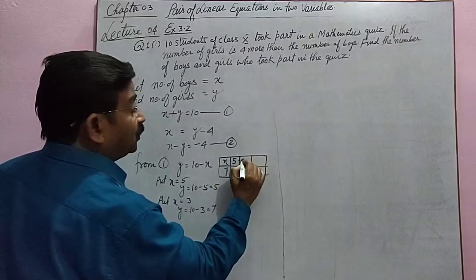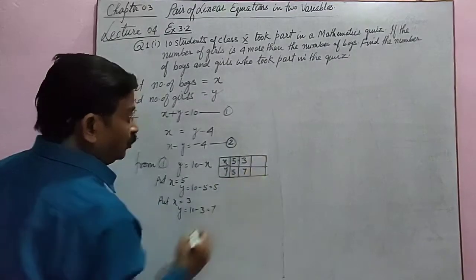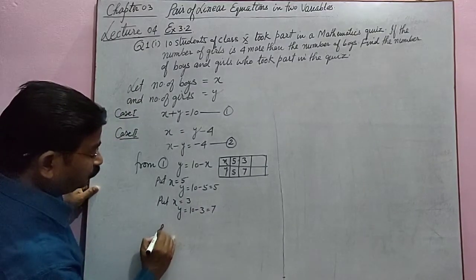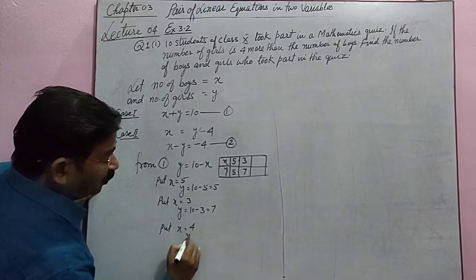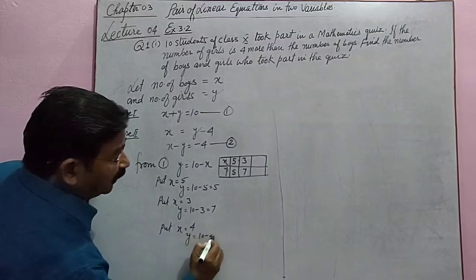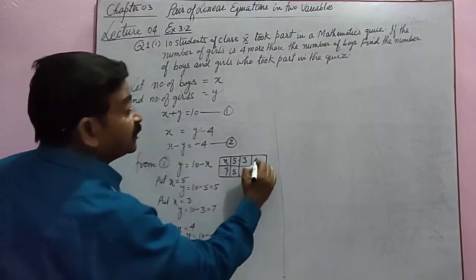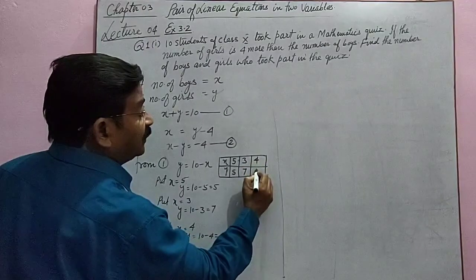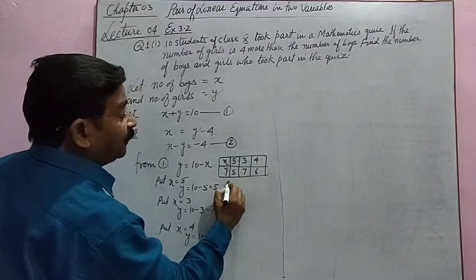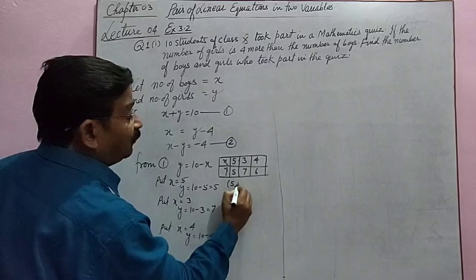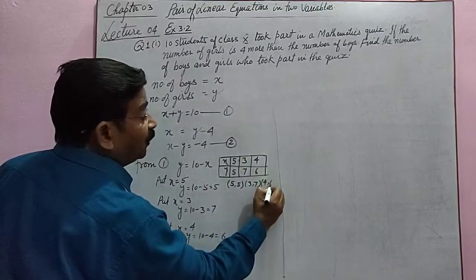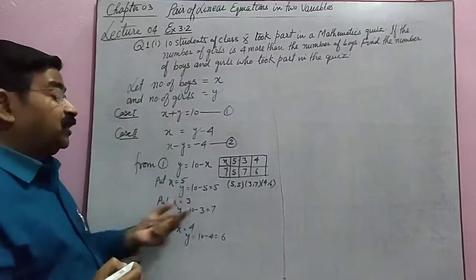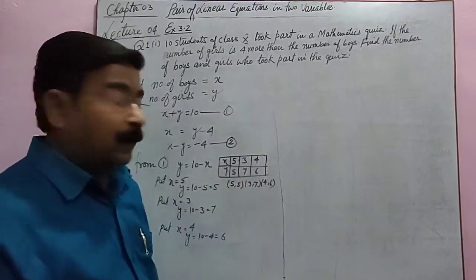Now put x is equal to 4, then y is equal to 10 minus 4 is equal to 6. Now we have got the points (5, 5), (3, 7) and (4, 6). So we have got 3 points from equation number 1.